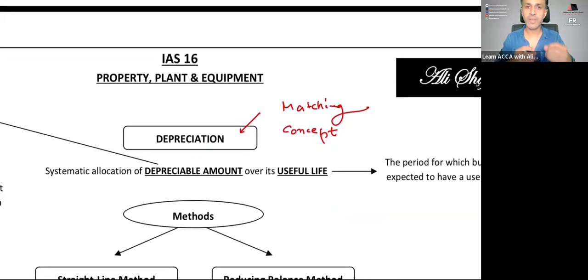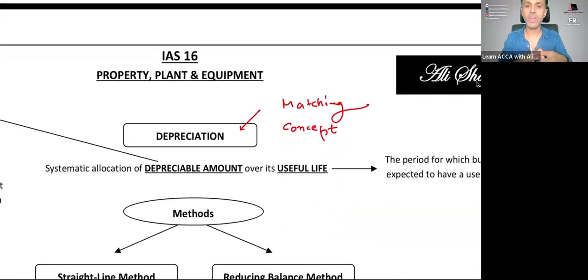In whichever year the benefits have started flowing towards the enterprise, the cost should be matched in the same period in which the cost was incurred to bring those benefits. That's the basic concept of matching, as the name suggests: to match the cost with the benefits to the period to which they are related.